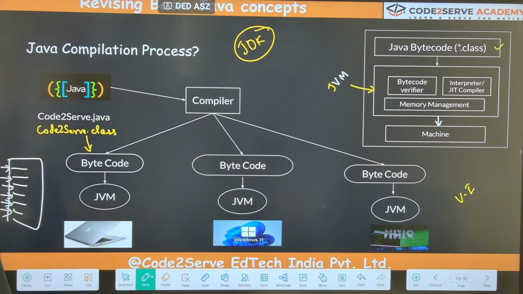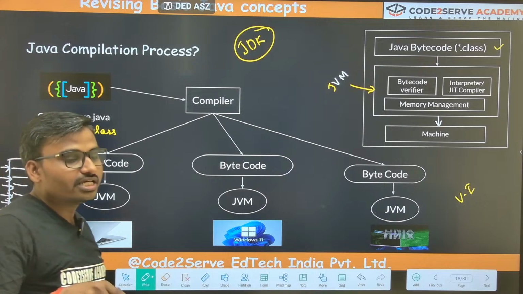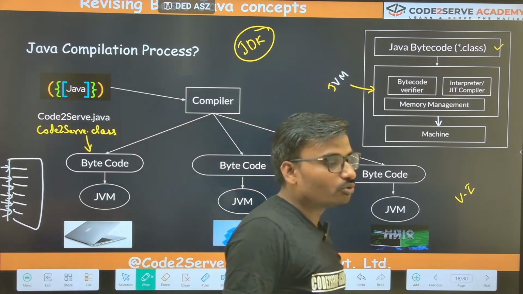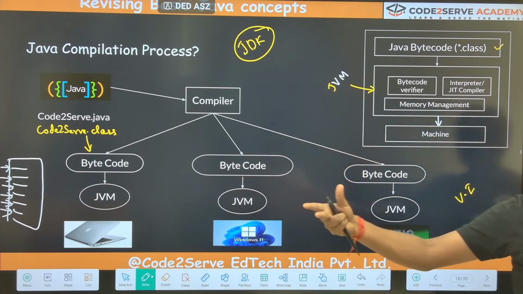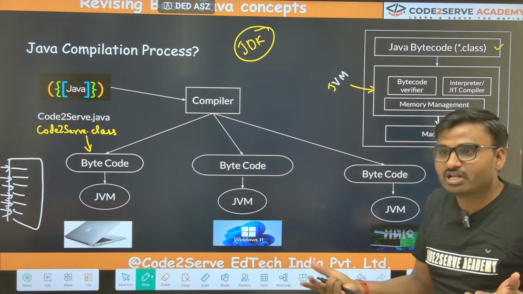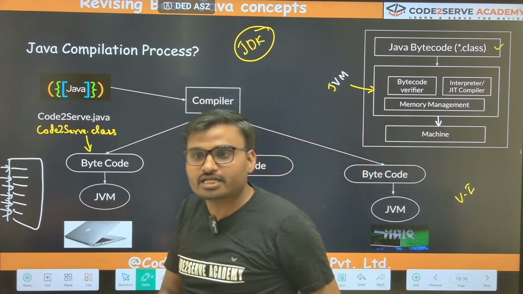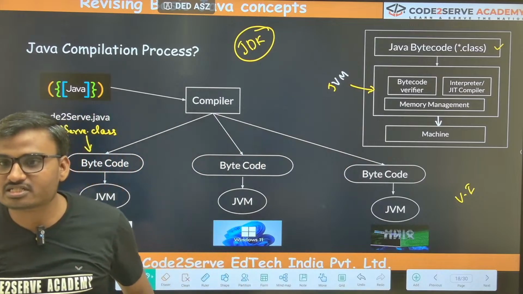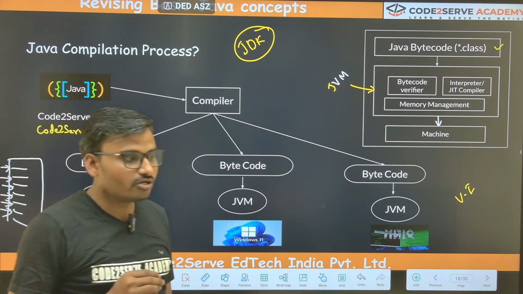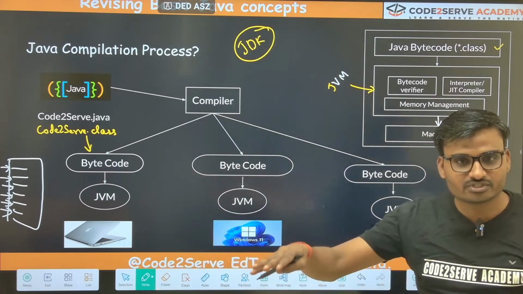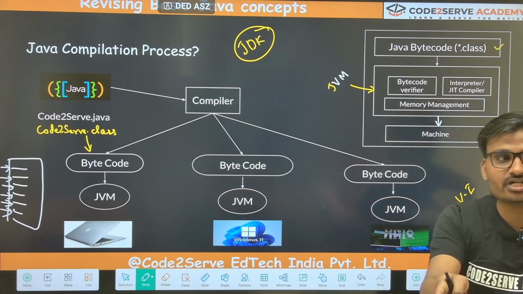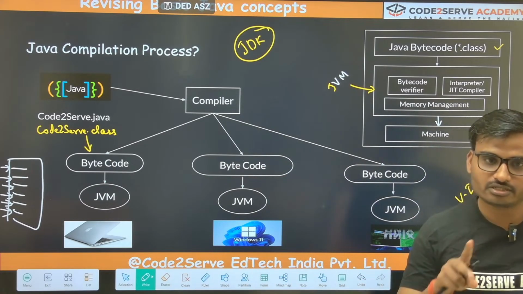Suppose you know only English, but there are other people around you who know only Bengali, only Sanskrit, or only French. Whenever you talk in English, they are not going to understand it. So what will you have to do? Either you learn all three languages, or you hire someone who knows all three. You have two options.